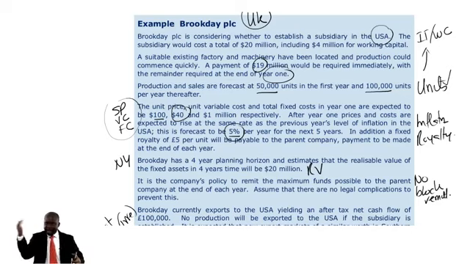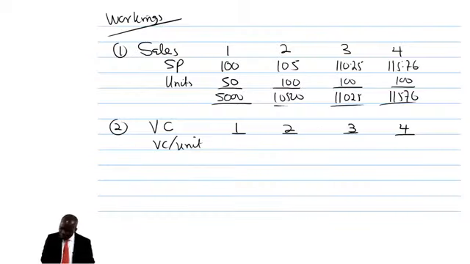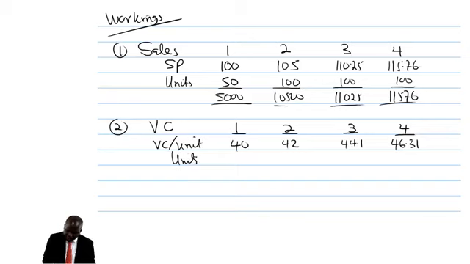You pick them and you are moving because you haven't got the time to hesitate. This is going to be 40. 40 times 1.05 is 42, times 1.05 is 44.1, and then times that again 46.31, and I've got my units, which is 50, 100, 100, and 100.